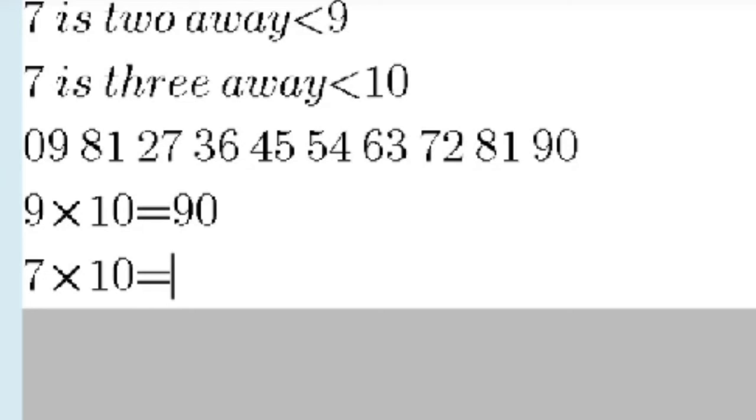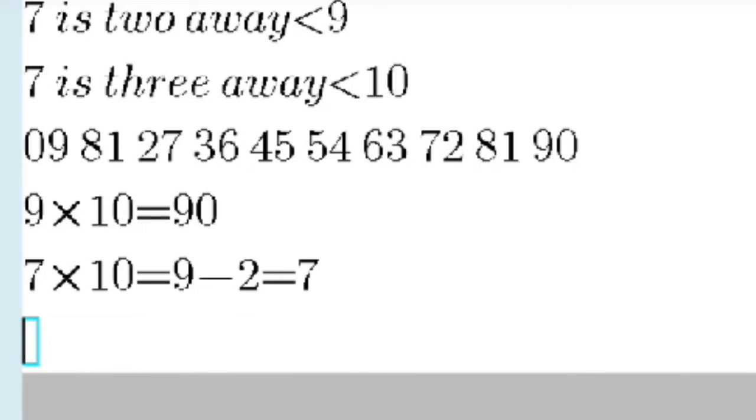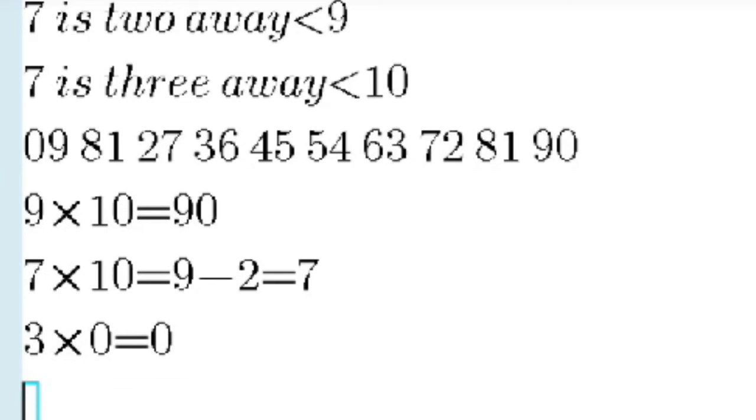So we have 9 minus 2, this is equal to 7. And for the right hand side we have 3 times 0, which is equal to 0. So combine the two, we have 7 times 10 to be equal to 70. This is the answer.